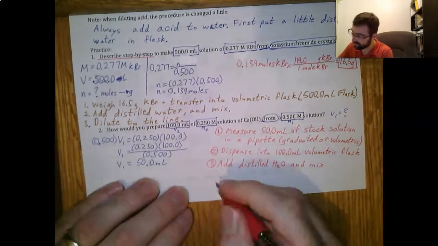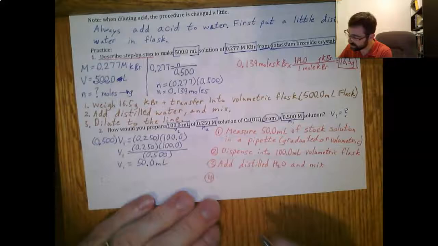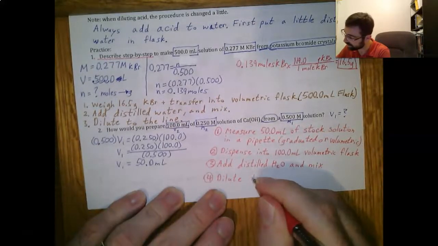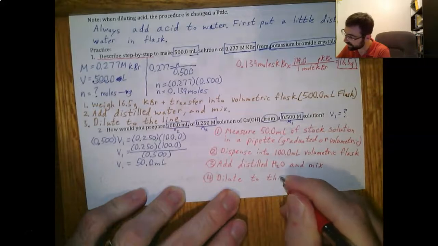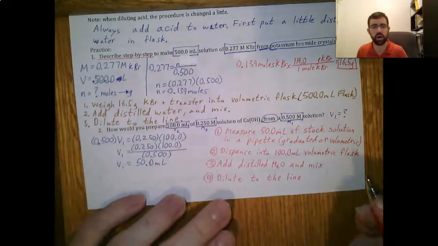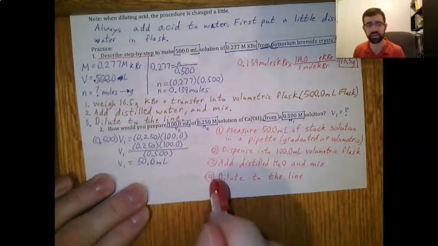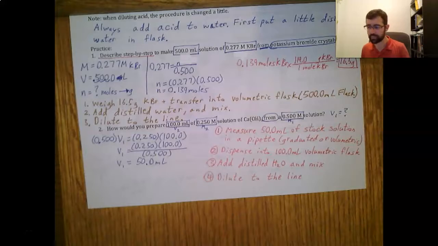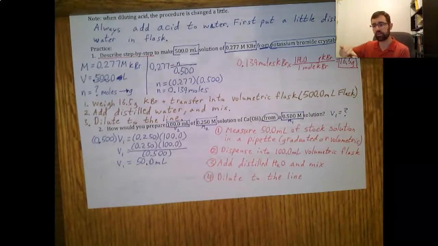All right, and our fourth step is to dilute to the line. Make sure that you always have that last step. You're always going to dilute to the line. I know it seems maybe silly to put that in there, but it's important because if you dilute it to the line before it's actually dissolved, and then you start swirling it, sometimes it will swell up and sometimes it will go down.